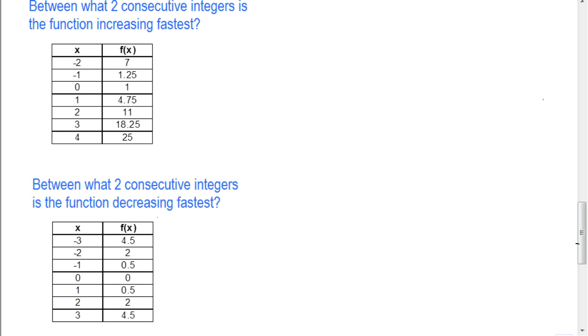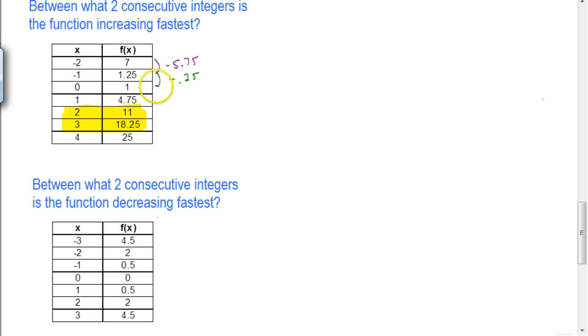Okay, so for this first one, you should have gotten between 2 and 3 as your answer. To illustrate that, if you found the difference here, you should have gotten negative 5.75. Between the next set, between 1 and 1.25, you end up getting a negative 0.25.